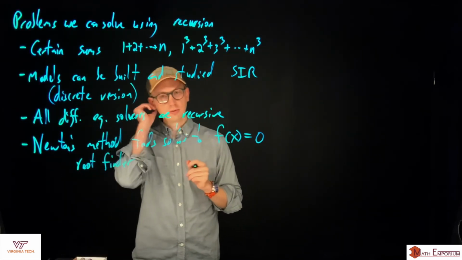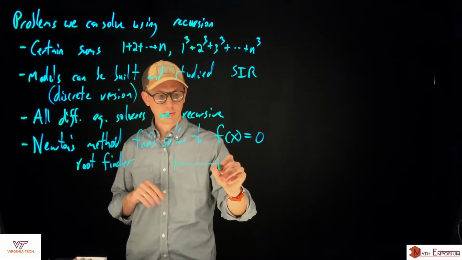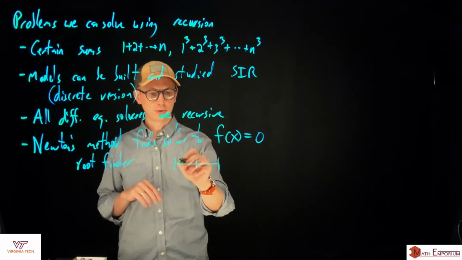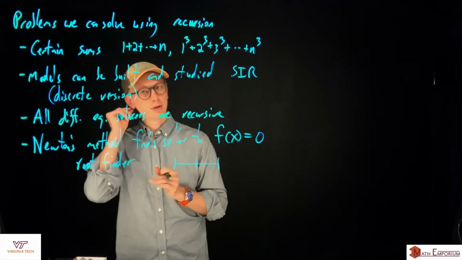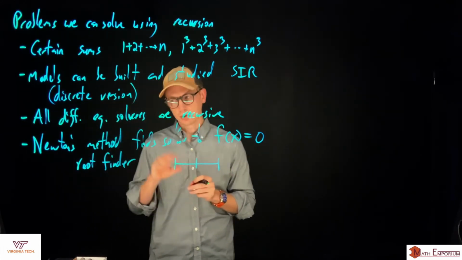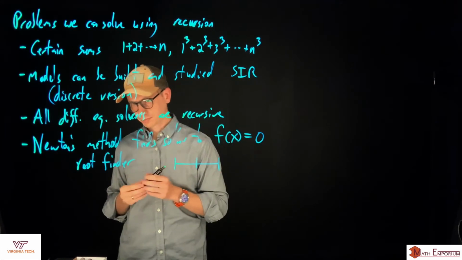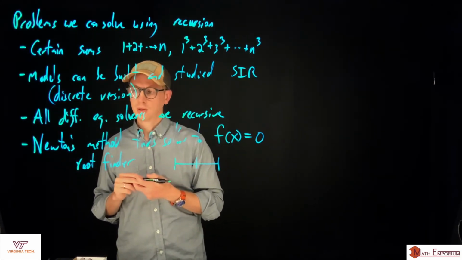Another method of finding roots is doing a binary search, right? You just use the intermediate value theorem, and then you go back and forth. That's an exponential finder, but it turns out Newton's method is faster than that. Newton's method is actually super exponential in the way it goes. So I don't think it's worth throwing Newton's method out as an important tool.